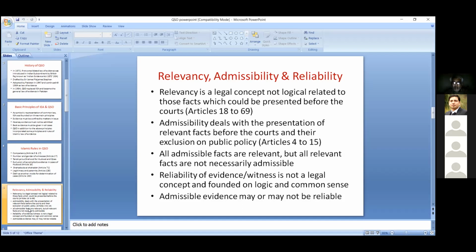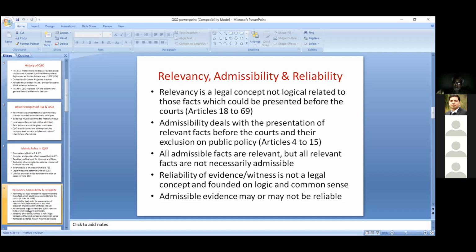There are a number of provisions in the law of evidence. If we try to enumerate them, they start from Article 18 and go till 69, and in those provisions a number of facts are enumerated in each and every provision.